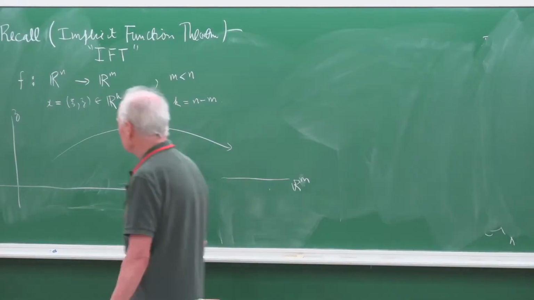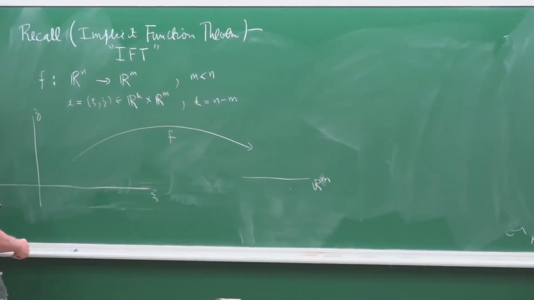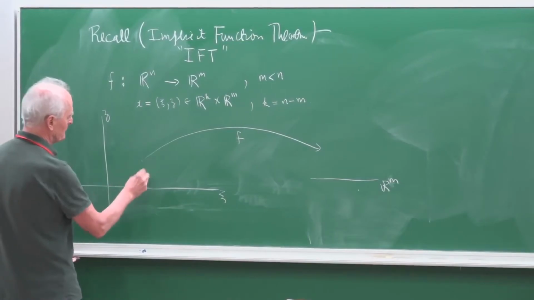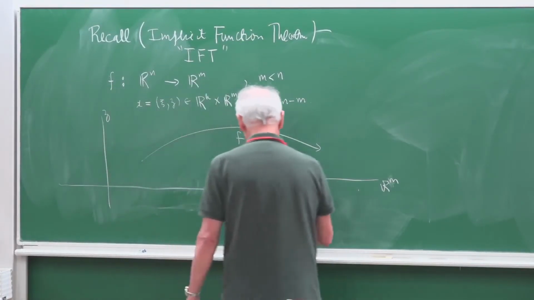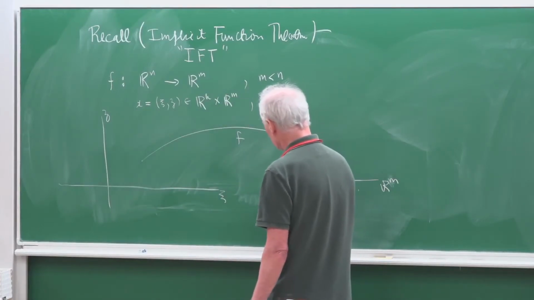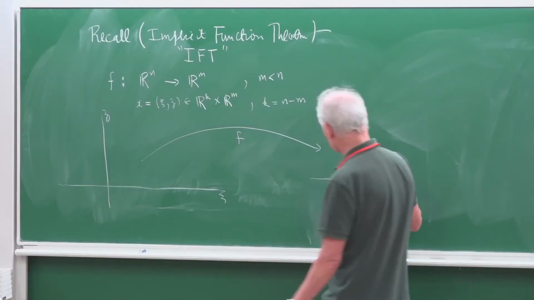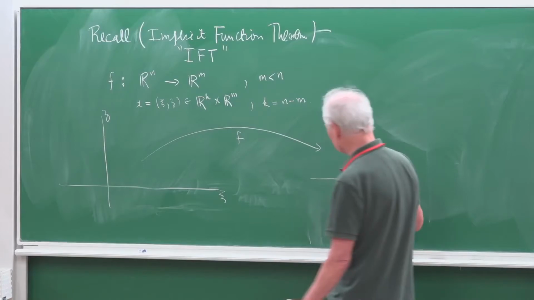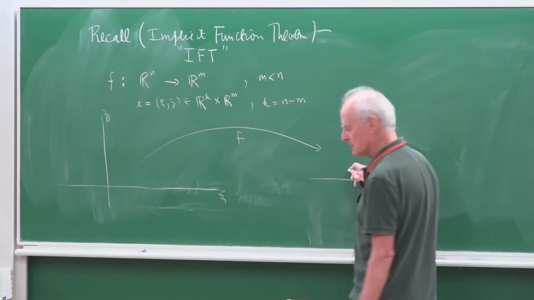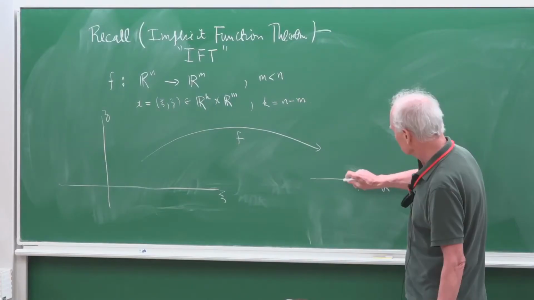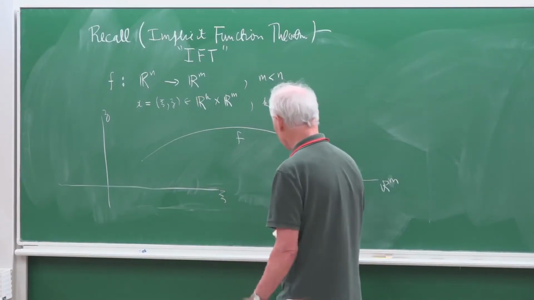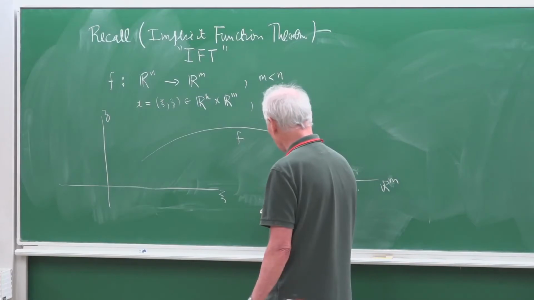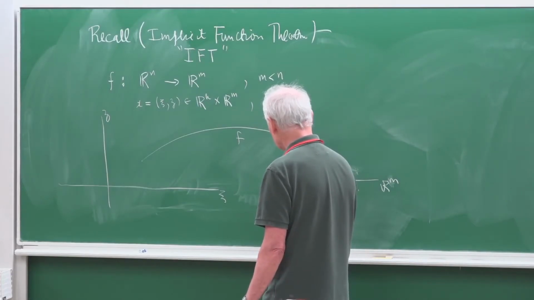And you go to any point, so you want to look at the pre-image. The implicit function theorem tells you that you take a given point y over in this space. If we're on the real line, it would be a point on the real line there. And you look at this set of points that map to that. In other words, you're looking at the pre-image. So you want to solve F(x) equals y.